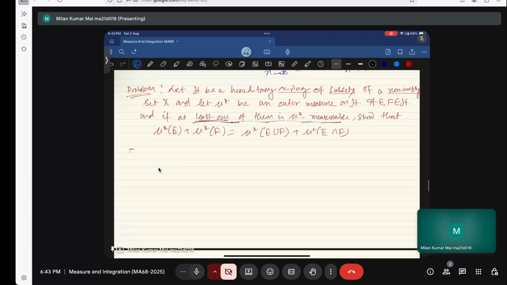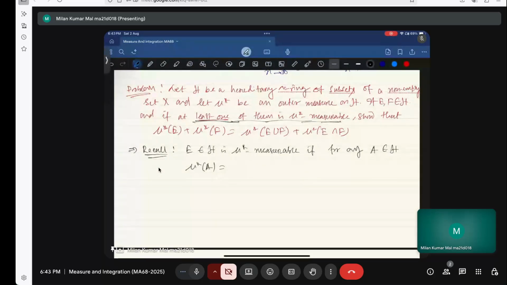At least one of them is mu star measurable. So recall what mu star measurable is. We call a set E belonging to H mu star measurable if for any A belonging to H, mu star of A equals mu star of A intersection E plus mu star of A intersection E complement.